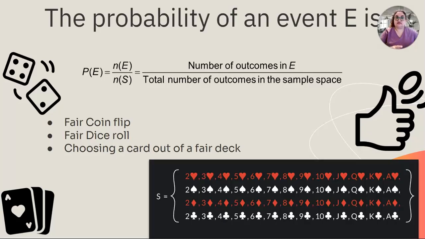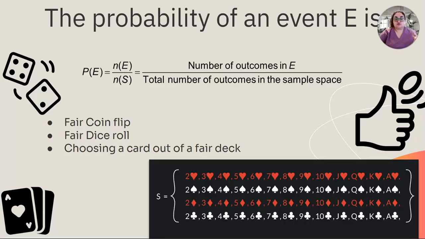Now again, this is theoretical probability. The world starts to change when you actually run the numbers here. So be careful. In this little picture I have at the bottom is the sample space for a deck of cards. So there are 52 cards in a deck. There are 13 cards in each suit, so 4 suits, which is hearts, clubs, spades, and diamonds.